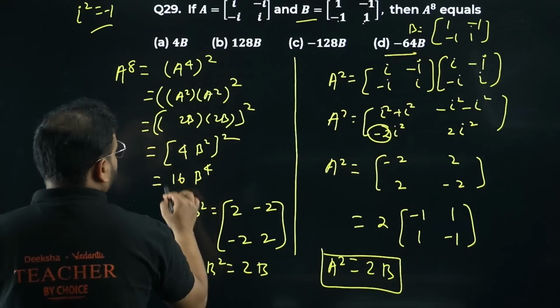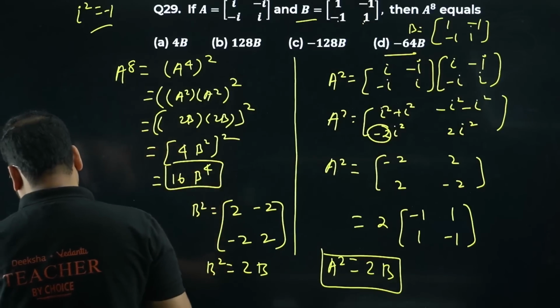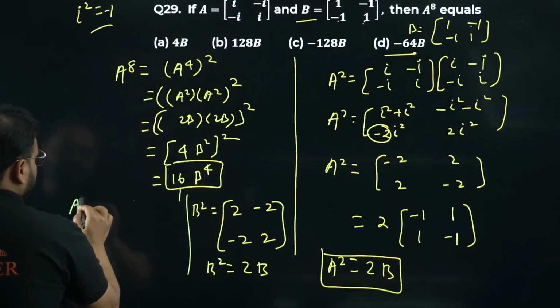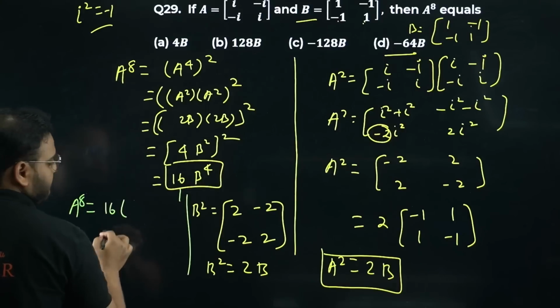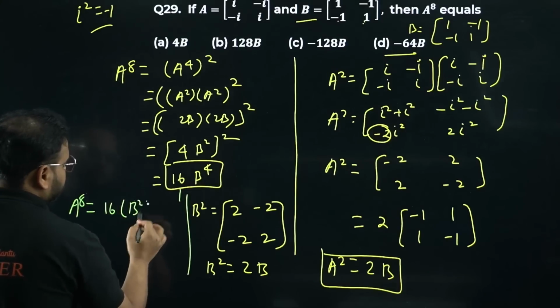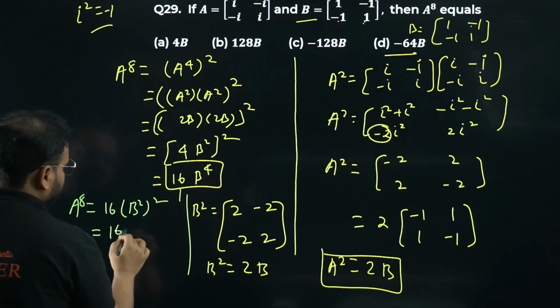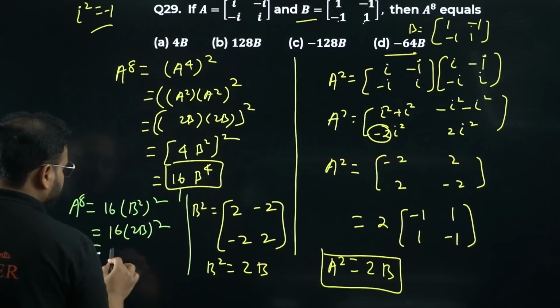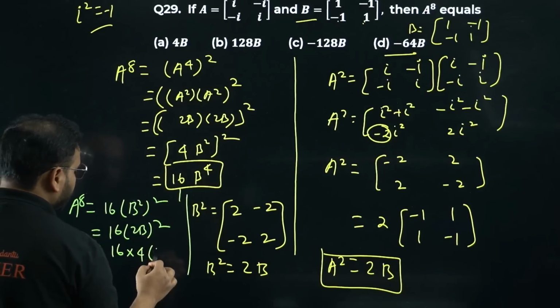So I can write this value, the last step. Please check. My A power 8 is turning out to be 16 B square the whole square. What is B square? 2B the whole square, giving me 16 into 4 B square.